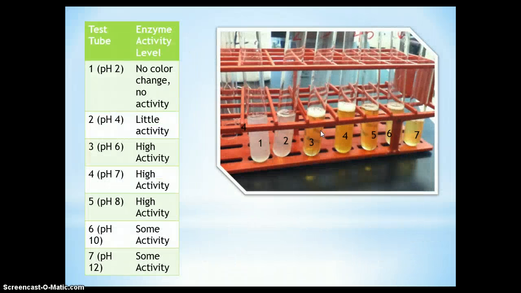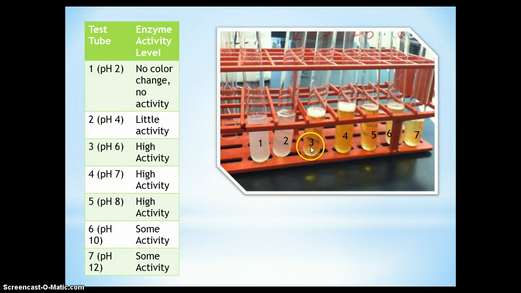Here is our results. Test tube 1 contained a pH of 2, and it had no activity because there was no color change. Test tube 2 had a pH of 4, and it's faded pink. You can't really tell in the picture, but it was faded pink, and this indicated to us that it had little enzyme activity.